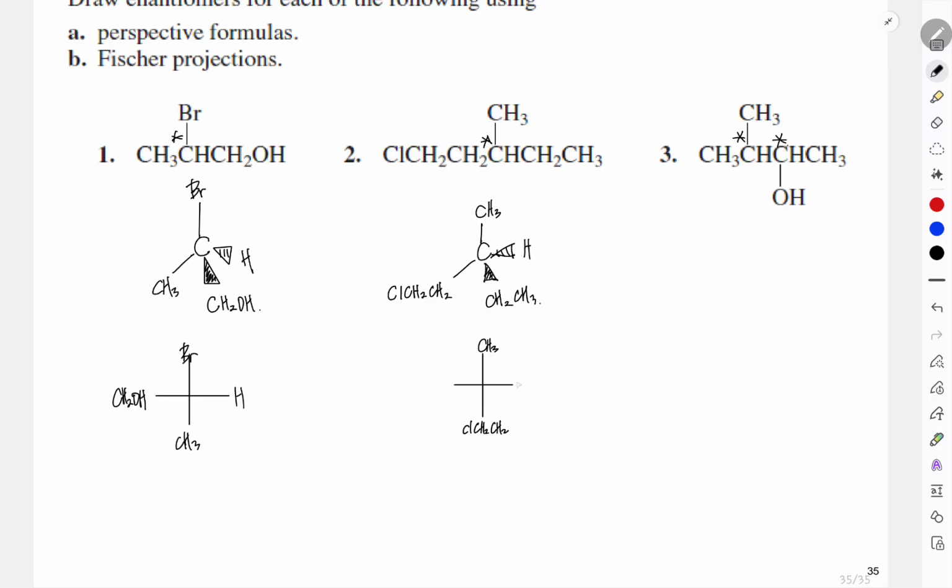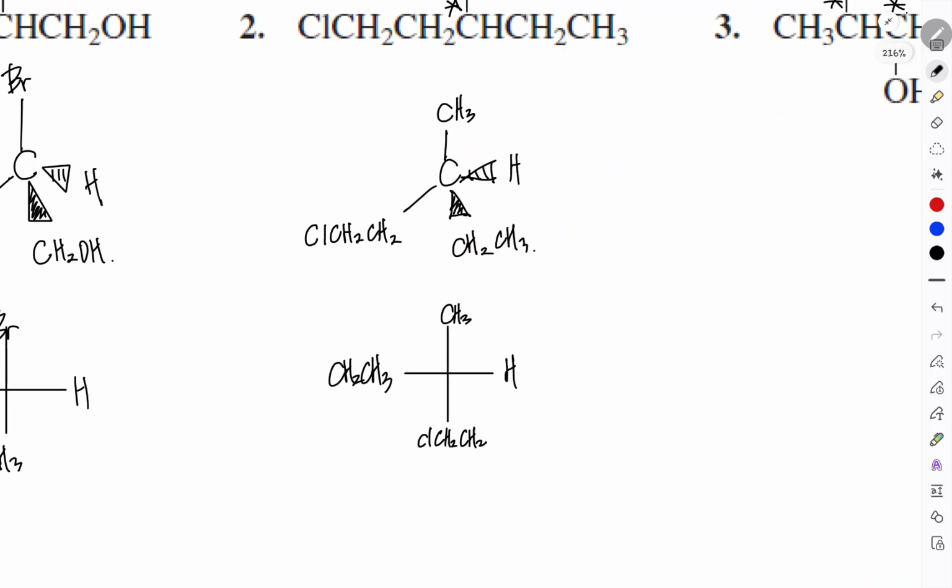These two are the enantiomer relationship. Of course, you can draw, as I mentioned, the mirror image. That works too. Okay. These two will formulate two enantiomers, but these two are identical. You can double check by yourself. Okay.